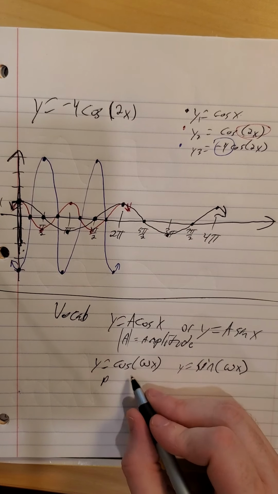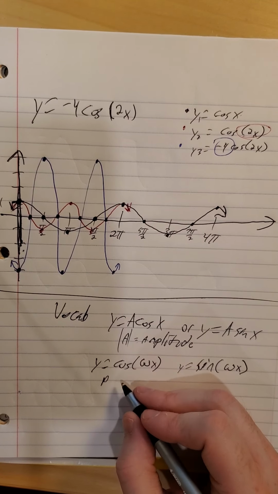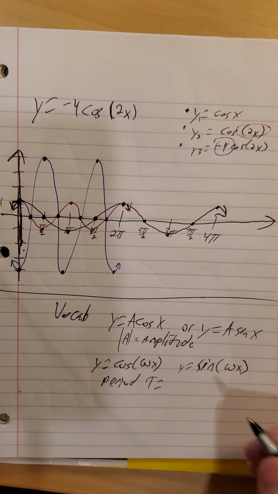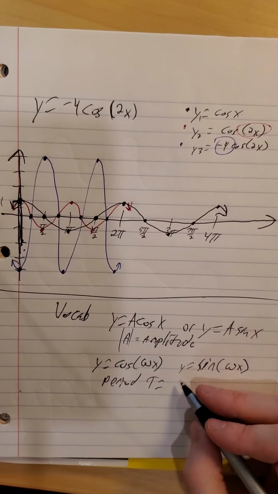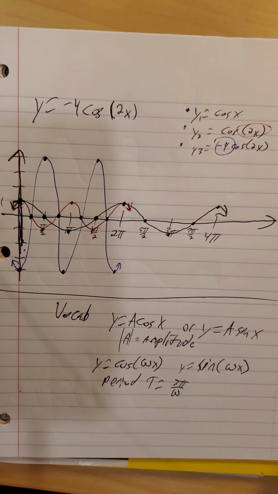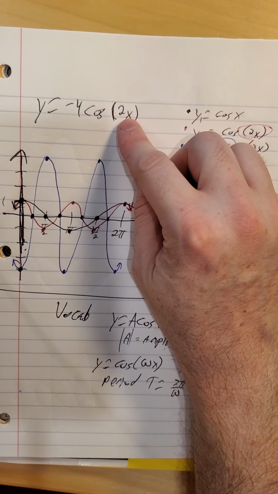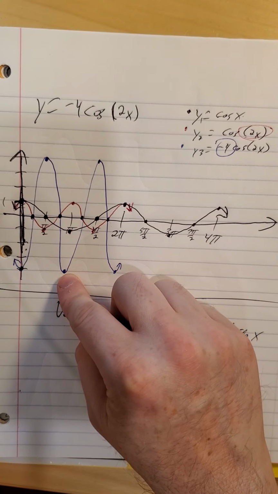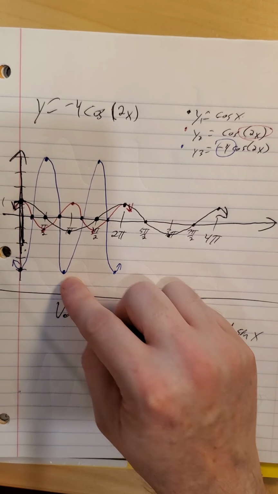For sines and cosines, remember the original period is 2 pi. They use a capital T for period: 2 pi divided by whatever omega is. So for example, on this one, 2 pi over 2, one full cycle was completed by pi.